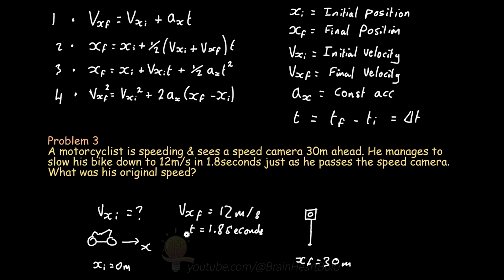So the difference in time is 1.8 seconds. Which of these equations above could help us answer our question? Well, we're looking for the initial velocity. We've got the final velocity. We've got time. We've got the initial and final positions. We don't have the acceleration.